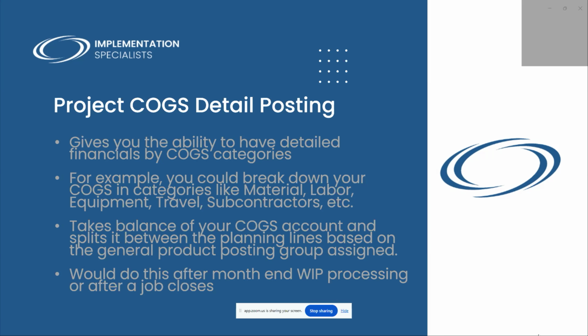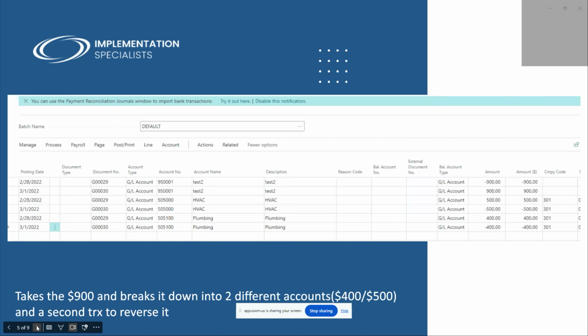Let's flip to the next slide, which shows an example before we get into the demo. Here we've posted $900 into our COGS account, and on 2/28 we're putting in a negative 900. We take it out of that overall account and break it down into HVAC and plumbing: $500 going in for HVAC and $400 going in for plumbing.